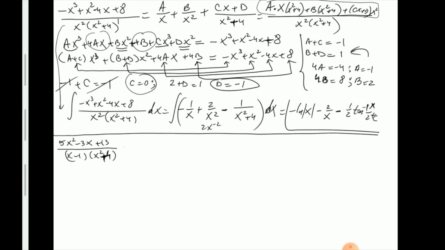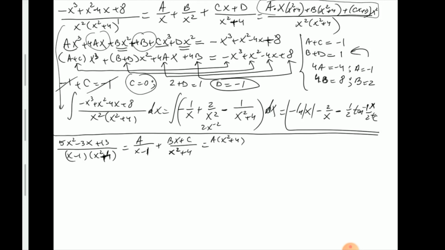All right, so this one has a linear term and a quadratic, both with multiplicity 1. So we just need a type 1 partial fraction plus a type 2 partial fraction. All right, so let's do the combination again.